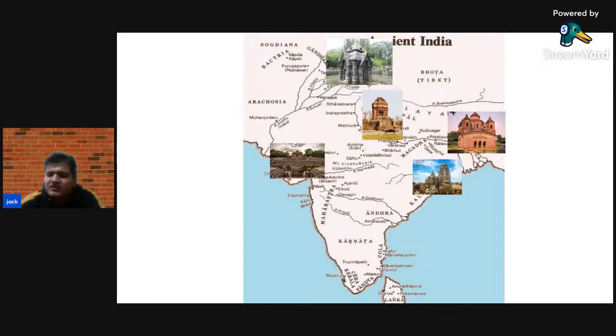And this is the terracotta structure temple which was built around the Bengal region. Terracotta is basically clay which is burned so that it can be made stronger. And by this technique, this whole temple was built.